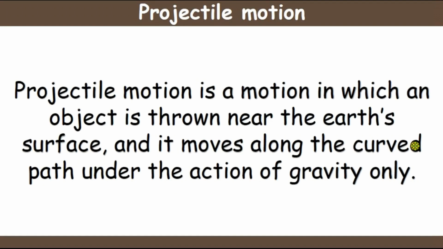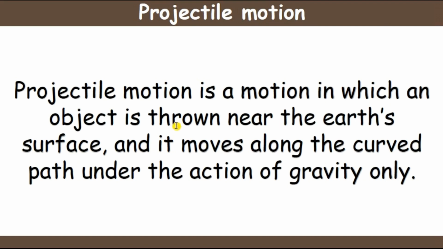The word projection, or projecting something, means an estimate or forecast of a future situation. That means by estimating where the object should reach, if the object is being thrown, then the object is being projected.